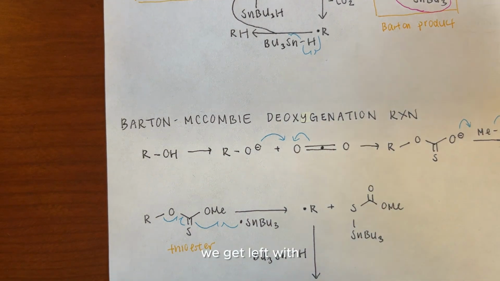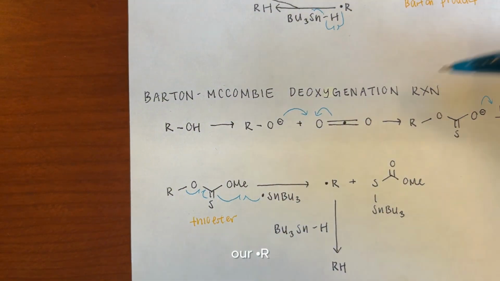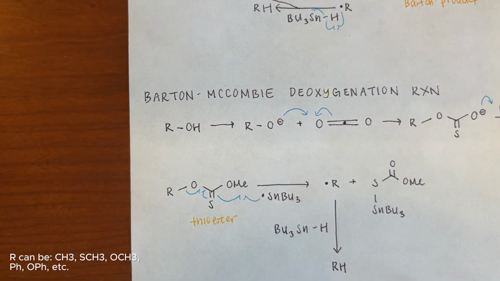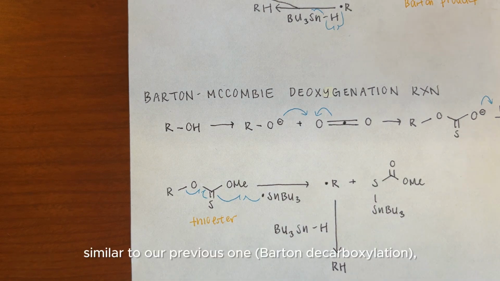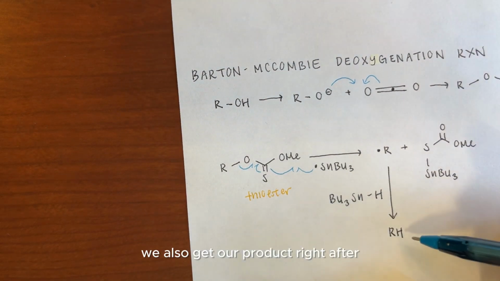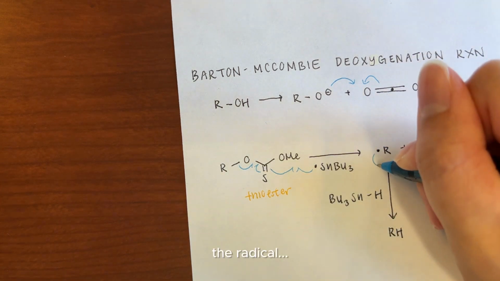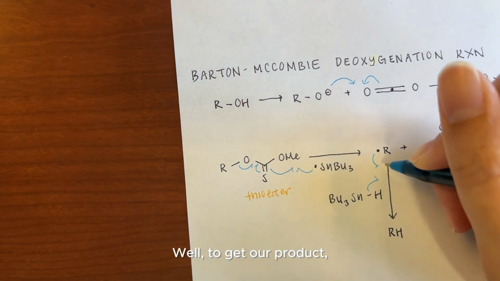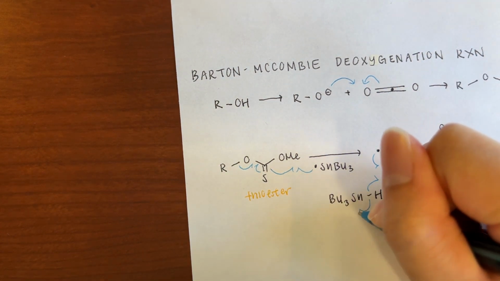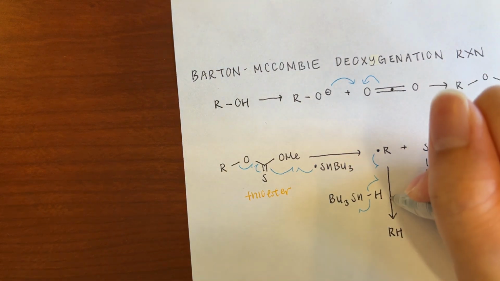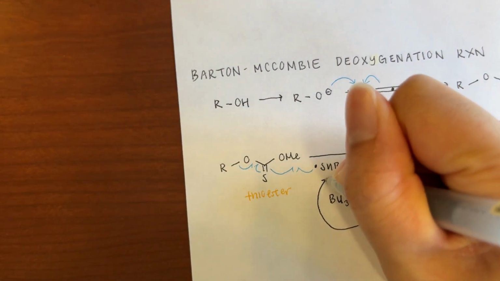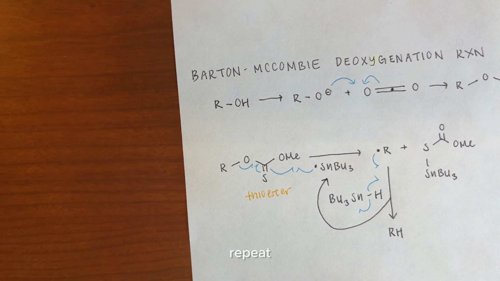And then we get left with our radical R, and similar to our previous one, we also get our product right after, and to get our product, you would need to do this, and the cycle can also repeat when it reacts with another tin radical.